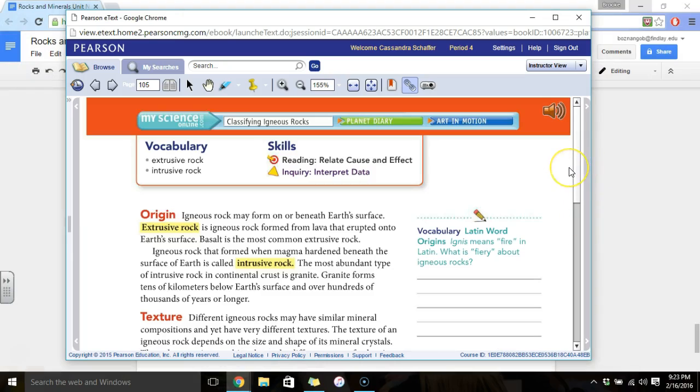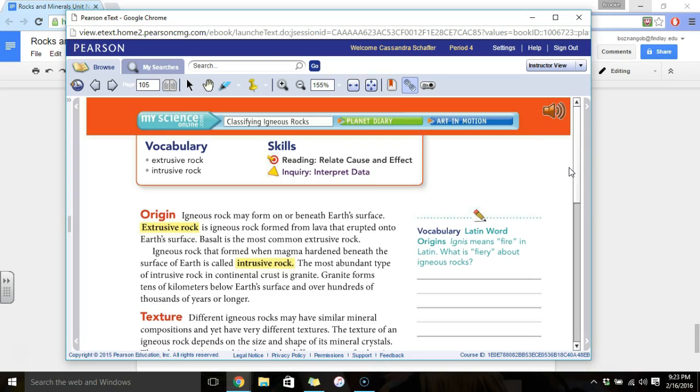So then it already jumps right away into origin. So let's go ahead and read. Origin. Igneous rocks may form on or beneath the Earth's surface. Extrusive rock is igneous rock formed from lava that erupted onto the Earth's surface. Basalt is the most common extrusive rock.